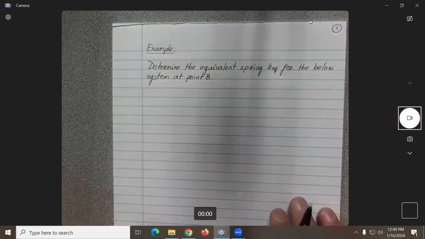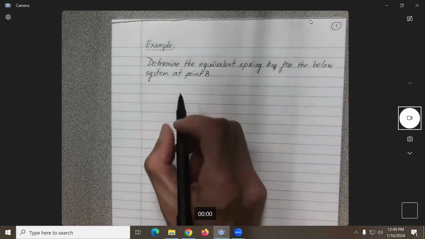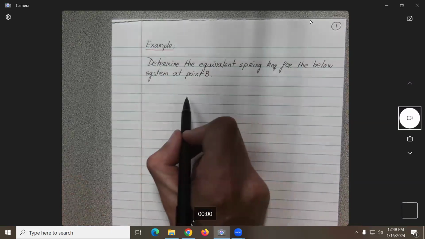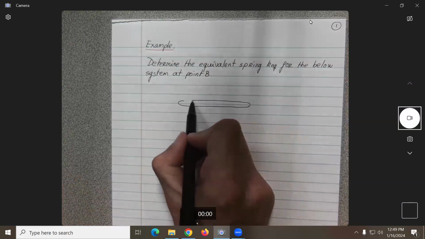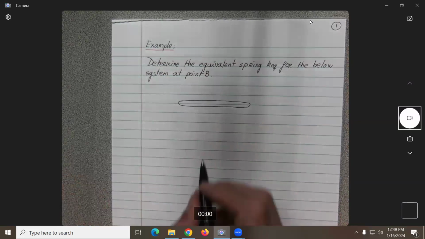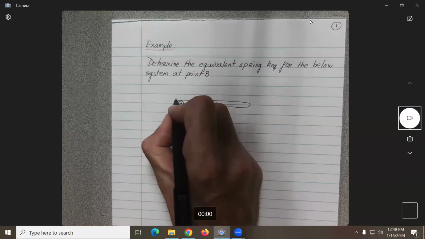at point B. Okay, so let me do the figure. So let's say it's a beam over here, which is going to be hinged.